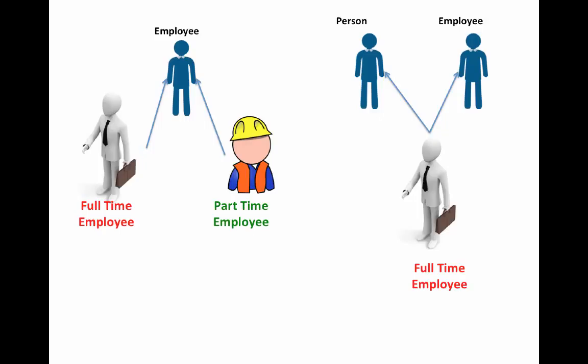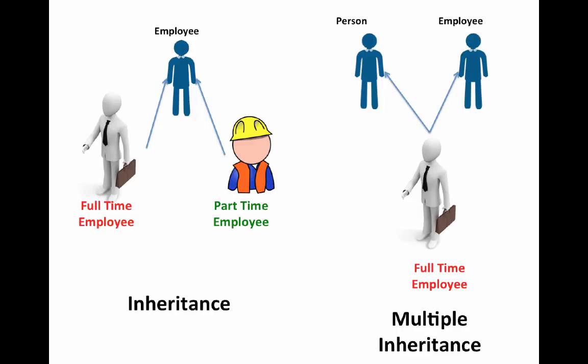So in the first example, we have one base class and we derived more than one child class. Here we have one derived class with more than one base class. So this is called multiple inheritance. If a class is derived from more than one base class, then it is called multiple inheritance. But in C#, multiple inheritance is not allowed.